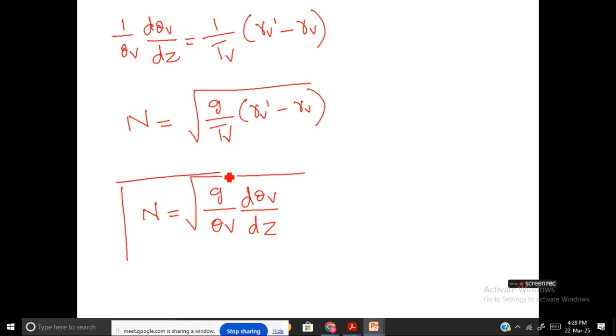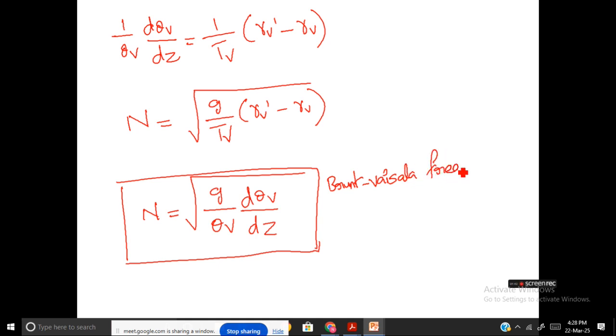Correct? So this is the equation of Brunt-Väisälä frequency in terms of potential temperature.